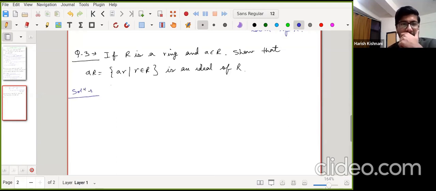Definitely, as 1 is inside R, a dot 1, that is a, is inside your aR. So this implies that this set is not going to be the empty set.